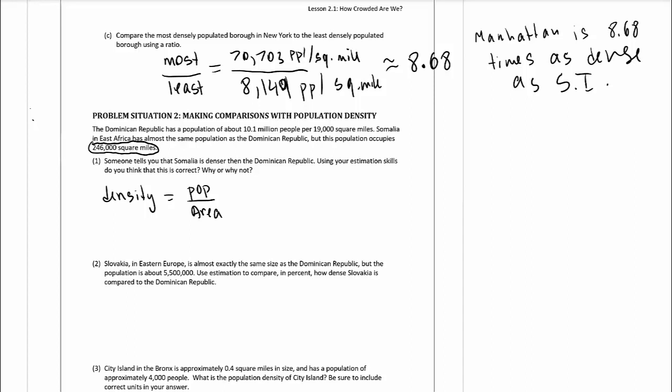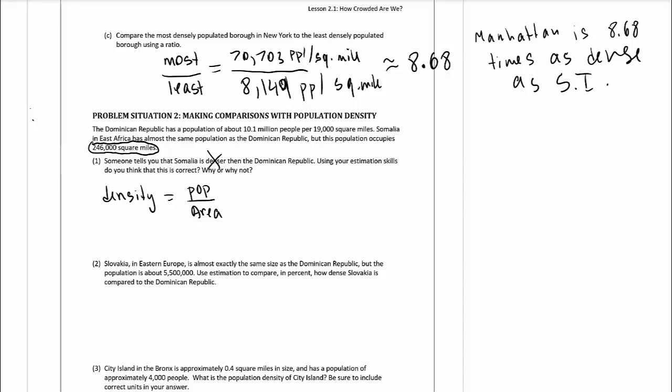So is it going to be more crowded or less crowded? Somalia is going to be less crowded. So it cannot be denser. It's definitely less dense because it has a larger area. So it's less people per square mile.